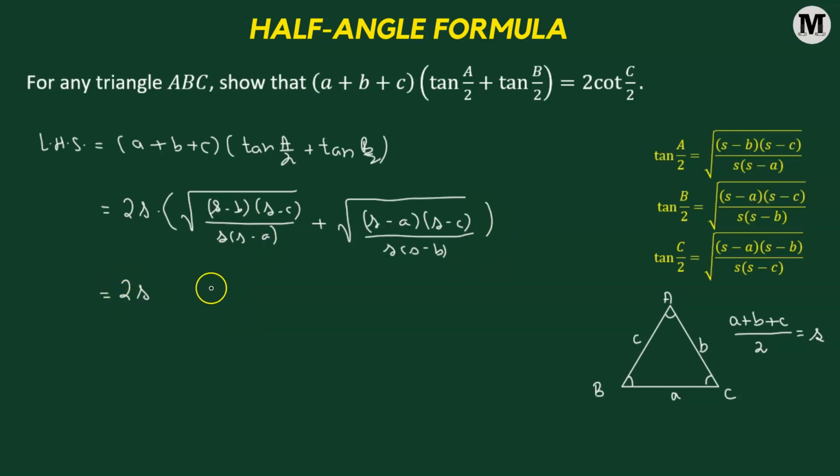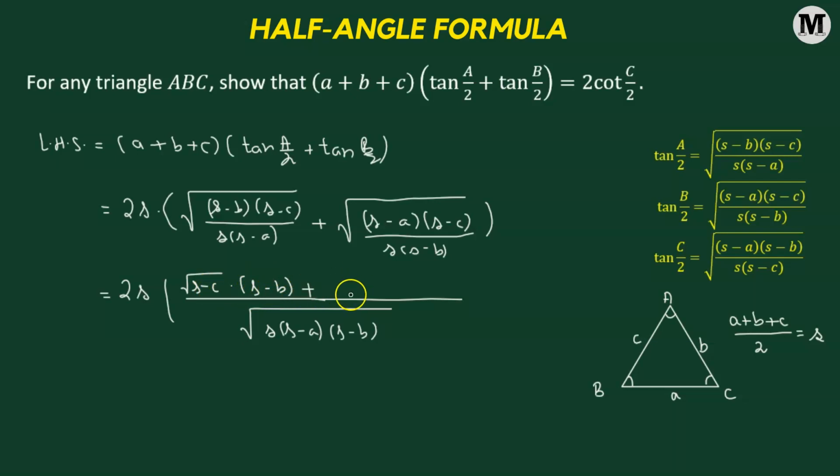So let's combine the two terms within the parentheses. Here we have the common denominator given by the square root of s multiplied by (s minus a) times (s minus b). Then in the numerator, we have the square root of (s minus c) multiplied by (s minus b), added to the square root of (s minus c) multiplied by (s minus a).